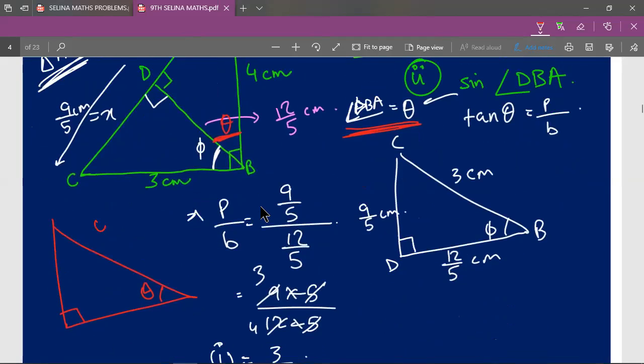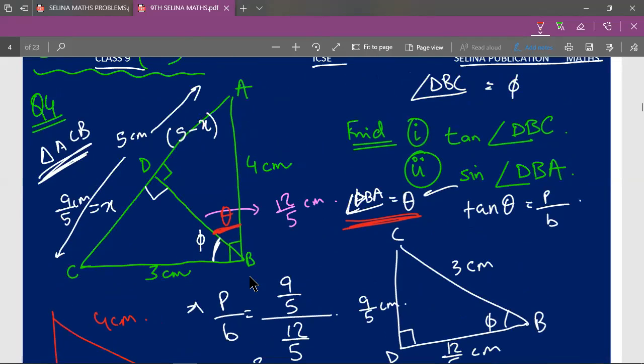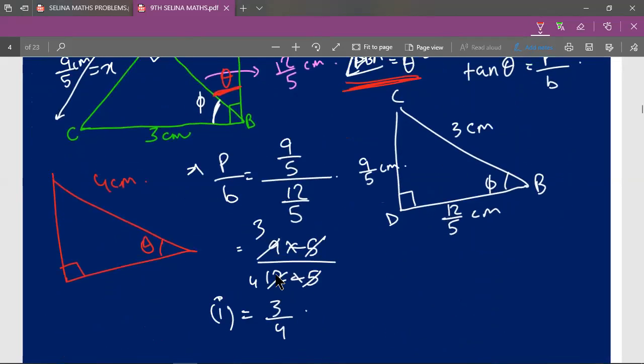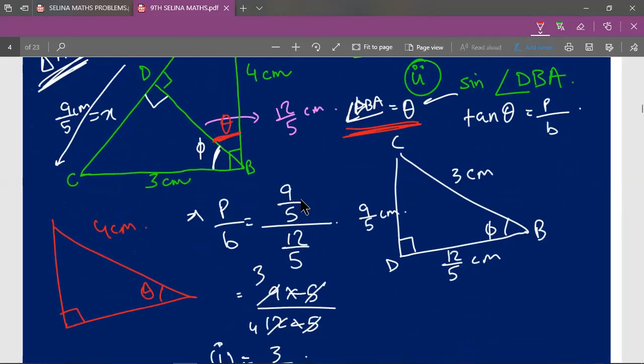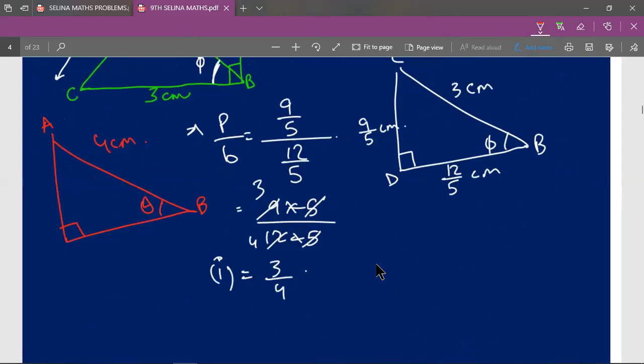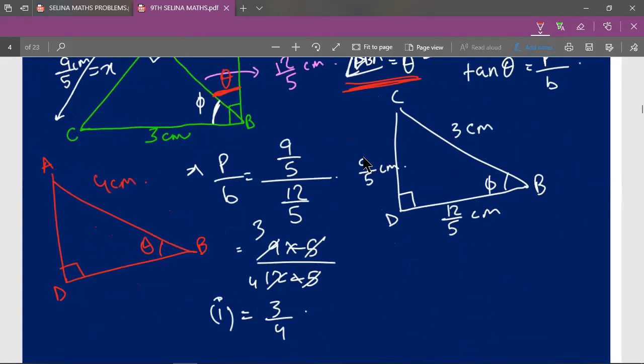So I'll write that down. And our 12 upon 5 centimeters dB is the base. Our 4 centimeter hypotenuse is AB. So then we get the clue that the missing labeling, the final alphabet, will be D. So our DB will be, as we have solved earlier, 12 upon 5.